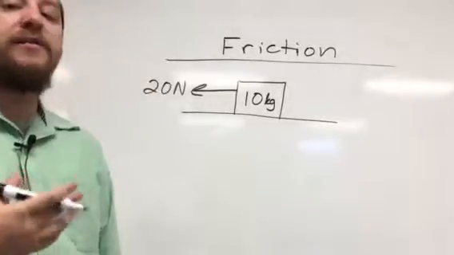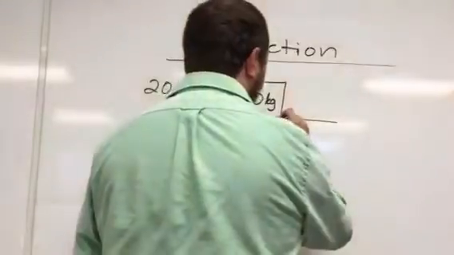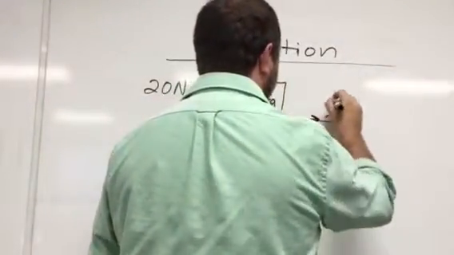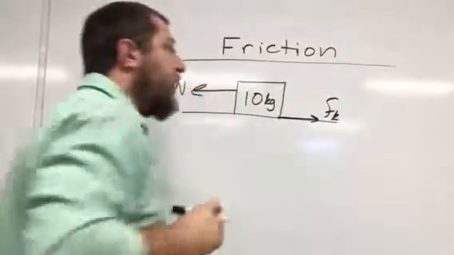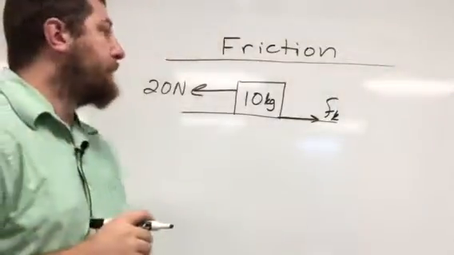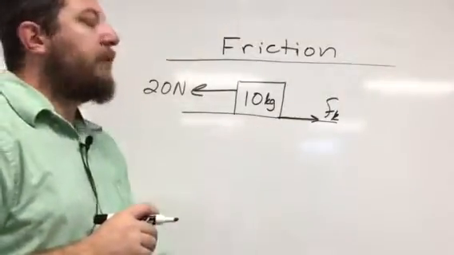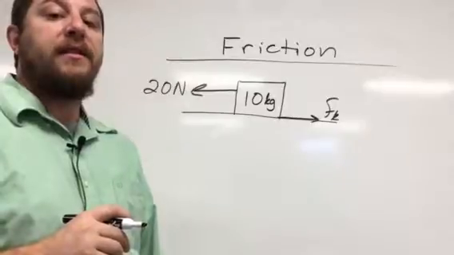The floor now has friction, and so there's a frictional force, and because it's moving, we're going to use the kinetic friction, and the box is sliding along at a constant velocity.